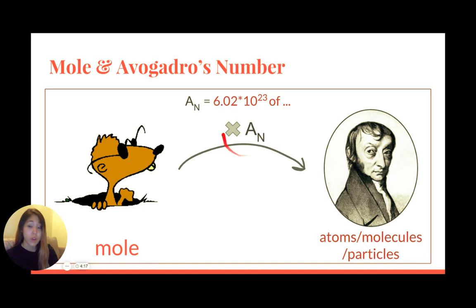When we want to go the reverse, so convert from atoms into this abstract mole, then we divide by Avogadro's number. So again, from moles to atoms, molecules, particles, you multiply. From atoms, molecules, particles to moles, you divide.